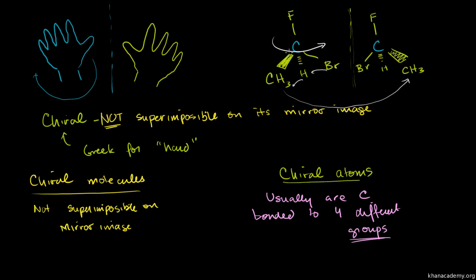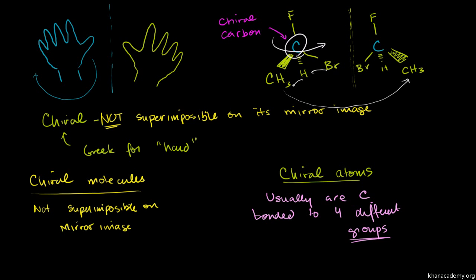And this carbon is a chiral center. So this carbon is a chiral carbon, sometimes called an asymmetric carbon or a chiral center. Sometimes you'll hear something called a stereocenter. A stereocenter is a more general term for any point in a molecule that is asymmetric relative to the different groups that it is joined to.